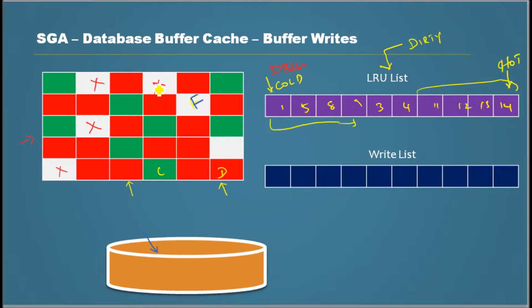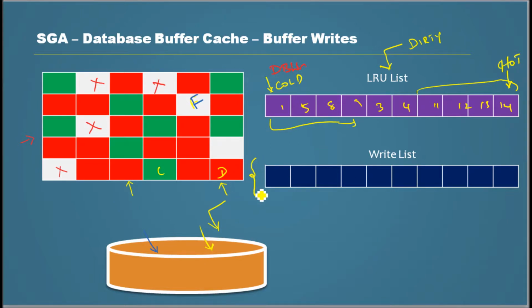When I said the number of free blocks goes low or the number of dirty blocks goes high, they are almost the same. When they cross a threshold, a signal is sent and then DB writer starts moving the blocks to the file. I'm sorry, actually it doesn't move to the file.